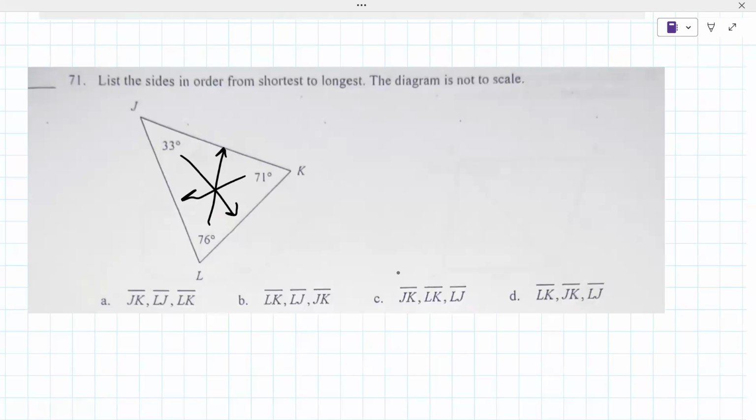Would it be B? So LK is the shortest. The longest is JK. It is B. A lot of things to remember here, of course, but that is it.